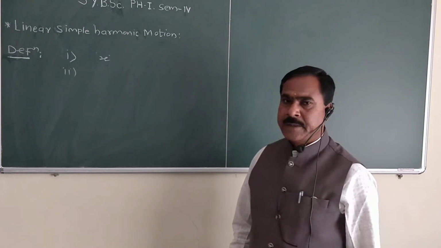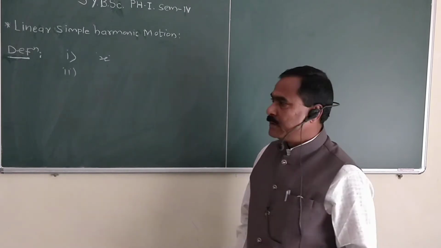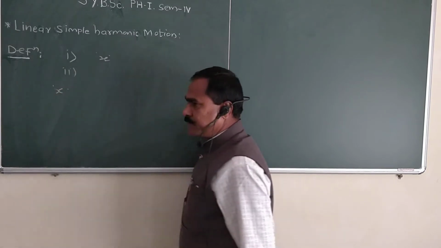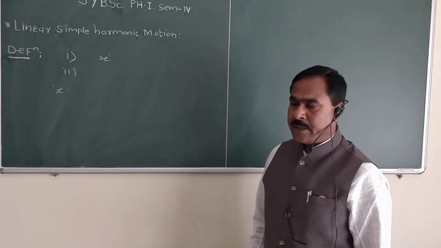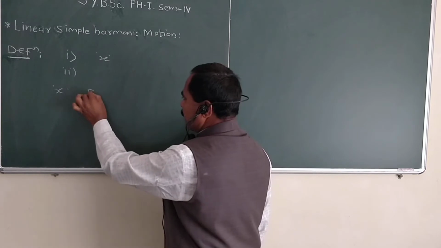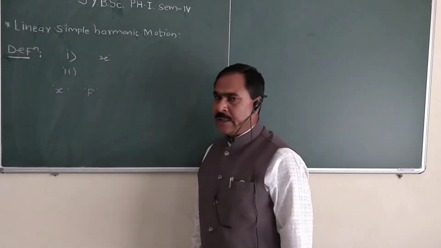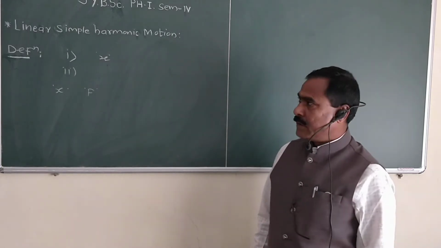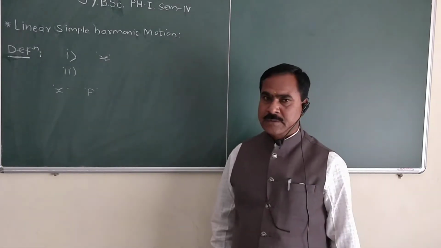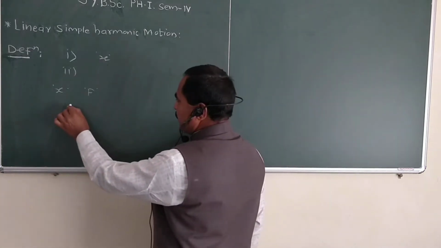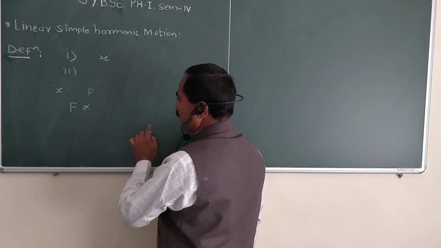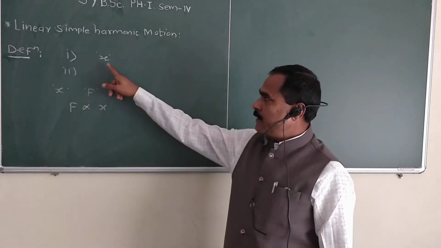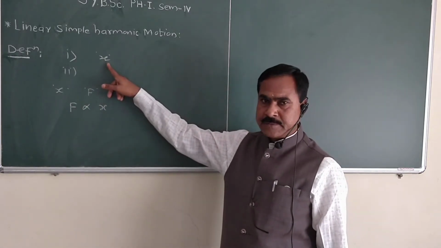So for that we consider the displacement of the particle or body to be x, and if F be the restoring force acting on that body, then according to the definition of linear simple harmonic motion, we write that this restoring force is directly proportional to x, due to the first criterion.